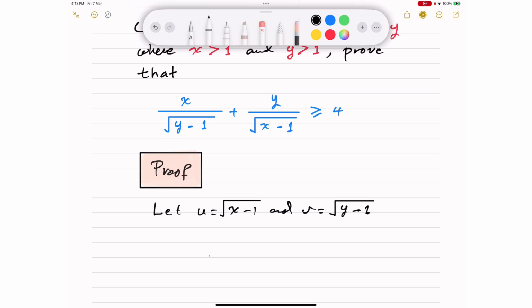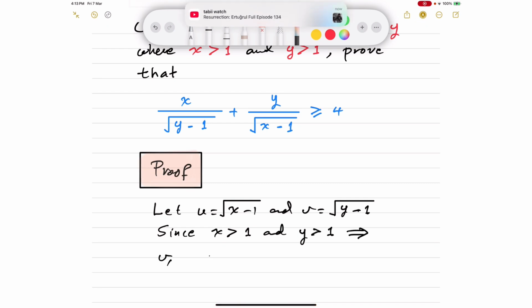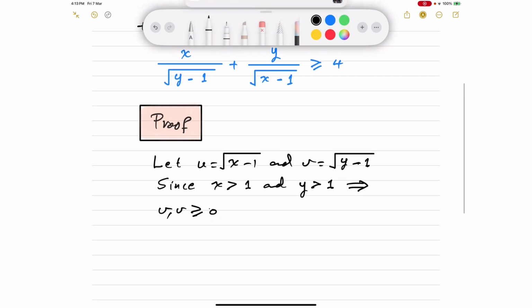Since x is greater than 1 and y is greater than 1, that makes u and v positive real numbers, greater than or equal to 0.